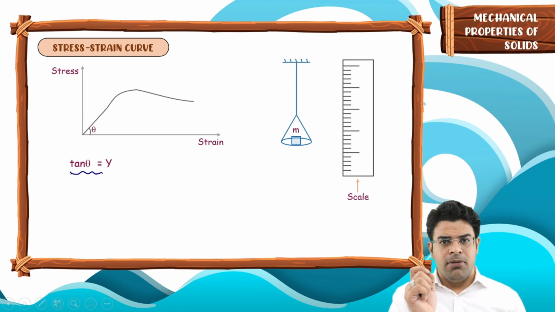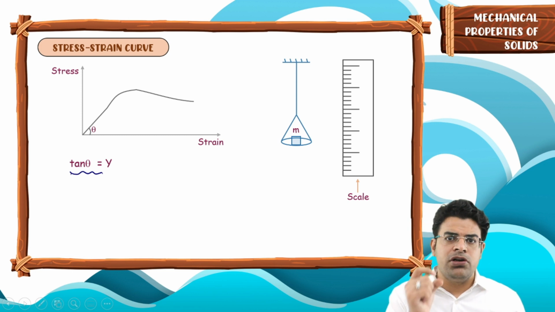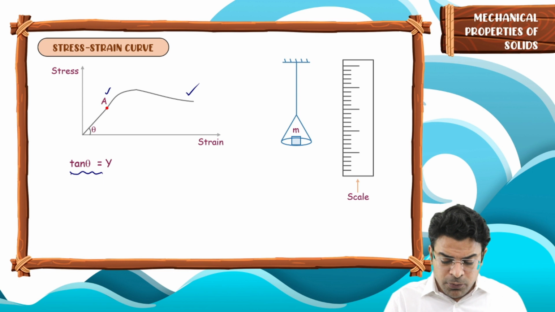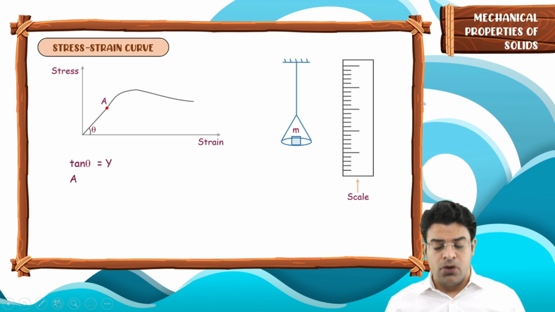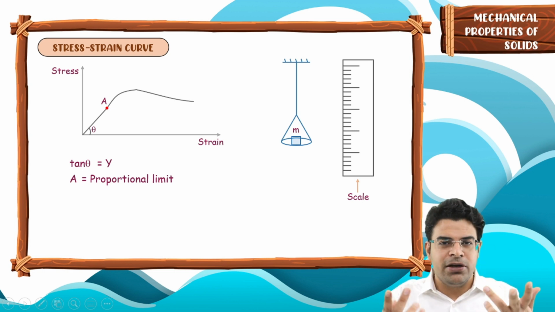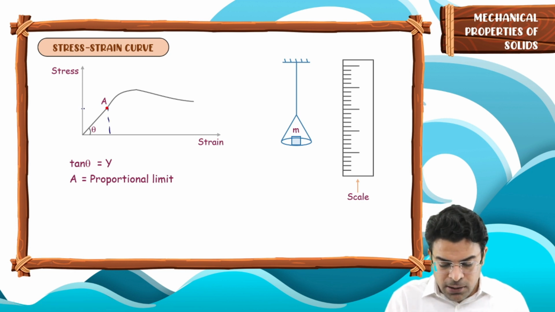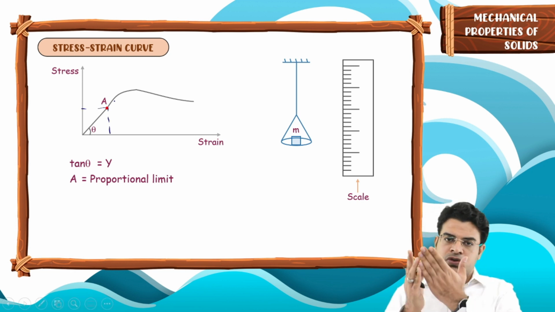Now let's understand different important terms related to this stress strain curve. There is a particular point A on the curve which is called the proportional limit. Think how intelligent the name is. What is the meaning of proportional limit? It is the point on the curve up to which stress is directly proportional to strain.